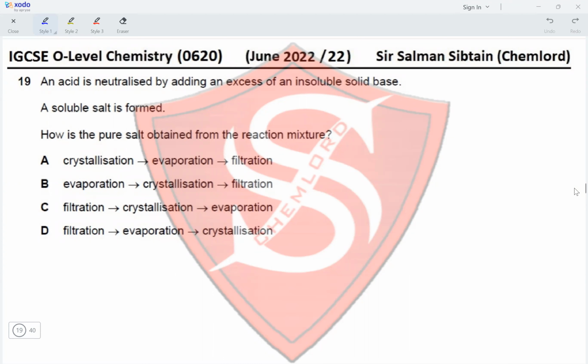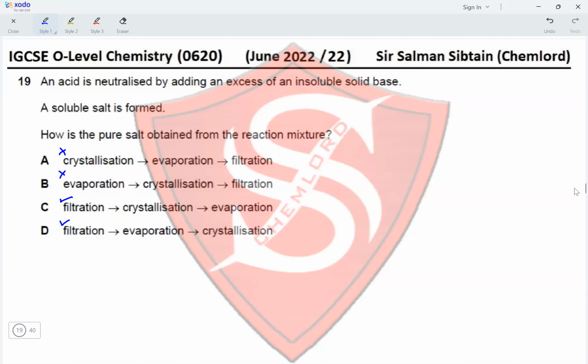So the first thing that needs to be done is to filter the solution in order to separate the soluble salt from the insoluble solid base. So the first step should be filtration, which is present in options C and D, eliminating options A and B.